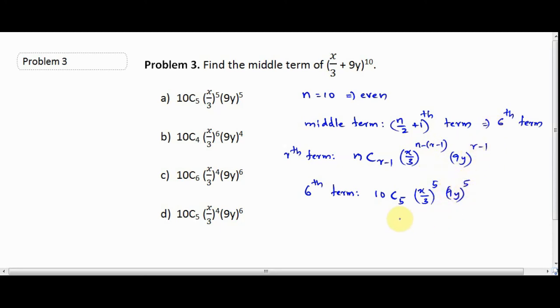So here the answer is 10C5 (x by 3) whole raised to 5 into (9y) whole raised to 5. So that is given by option A.